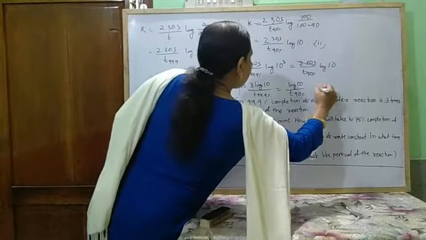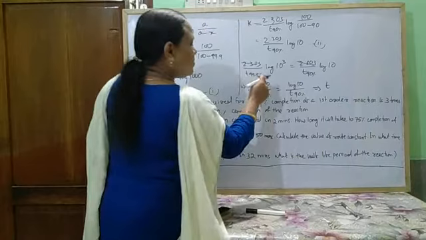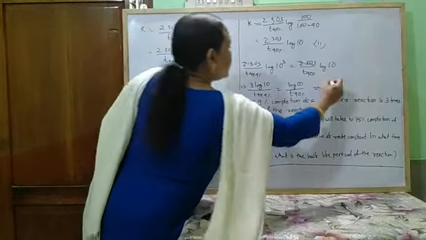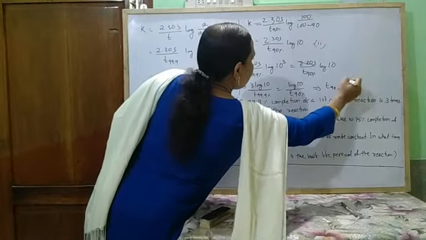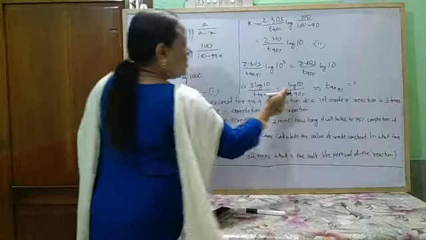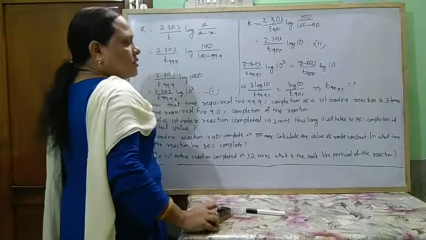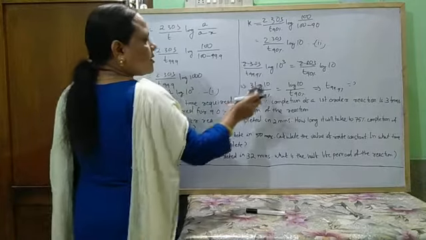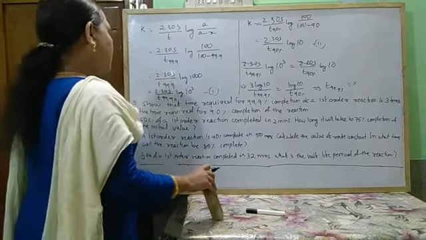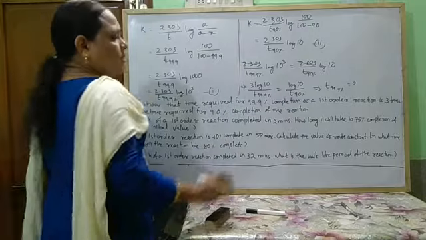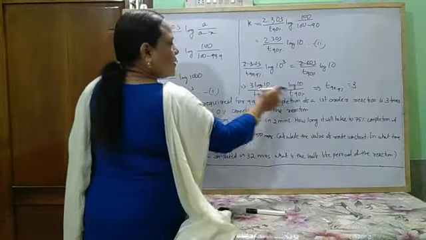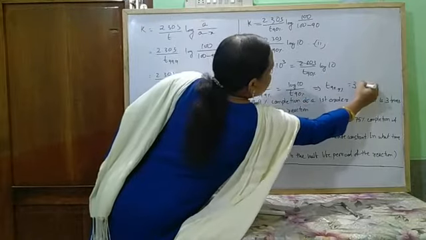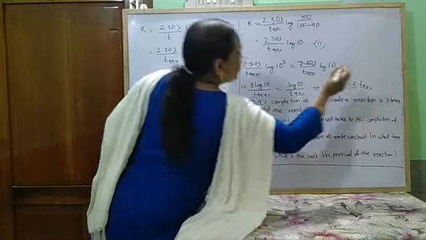So this implies that the time required, T(99.9%), is equal to 3 times T(90%).